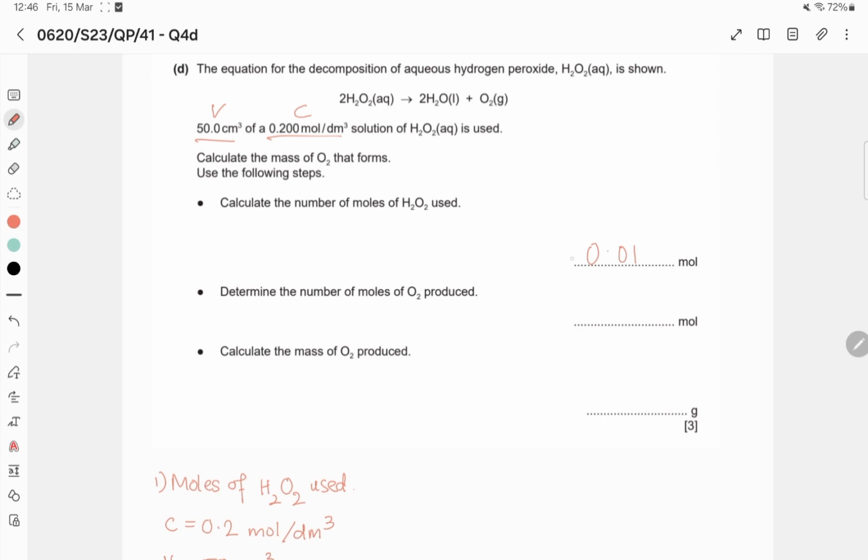So, using the mole ratio, whatever moles of hydrogen peroxide there are, half of that would be the number of moles of oxygen produced. Thereby, we will take the number of moles of hydrogen peroxide and divide it by 2 to get 0.005.